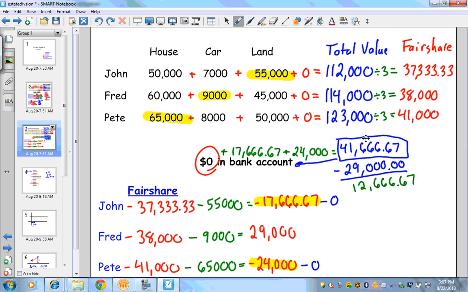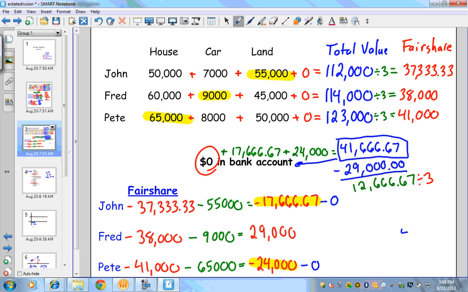So we're going to take that $12,666 and divide it by 3 because there are 3 heirs, and we need to figure out what our bonus is. So when we do that, we're going to end up with a bonus of $4,222.22. And we're going to take this bonus and give it to the heirs.